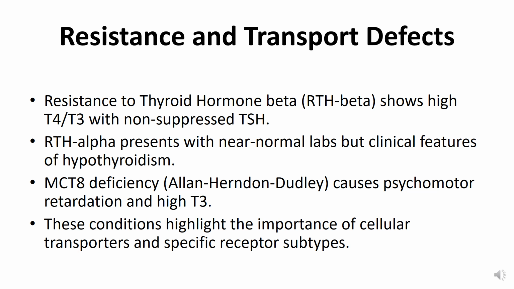Together, these disorders reveal an important endocrine principle. Hormone biology depends on much more than gland secretion alone. For thyroid hormones to function properly, they must circulate correctly, enter target cells efficiently, bind functional receptors, and activate tissue-specific signaling pathways throughout the body.